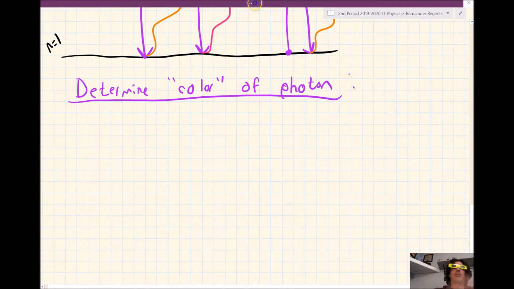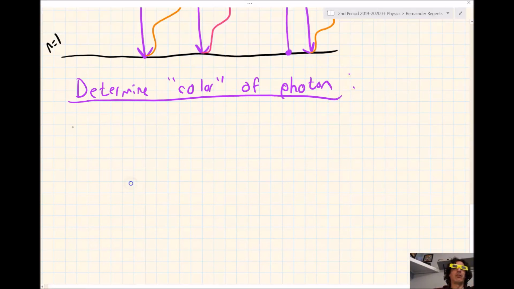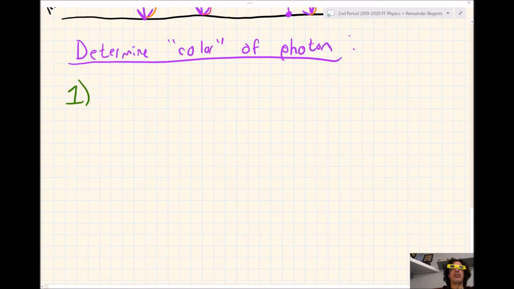So the first thing that we want to do is figure out what was the energy of that photon released. To do that, we have to find the change in energy between the two energy levels. So the change of energy of the photon is E high, and I'll explain what that is in a second, minus E low.